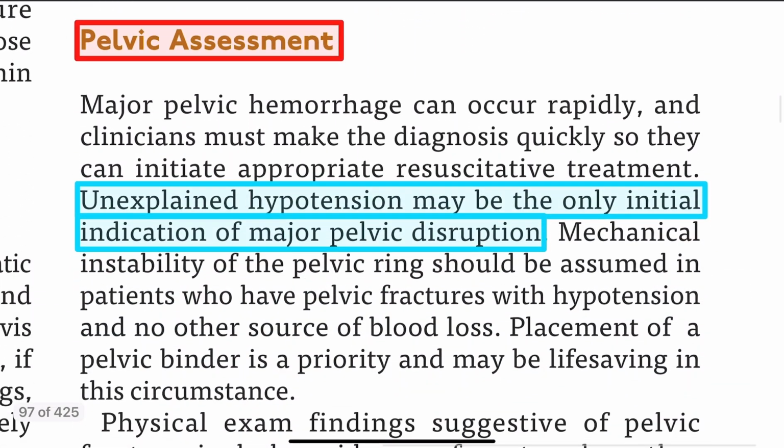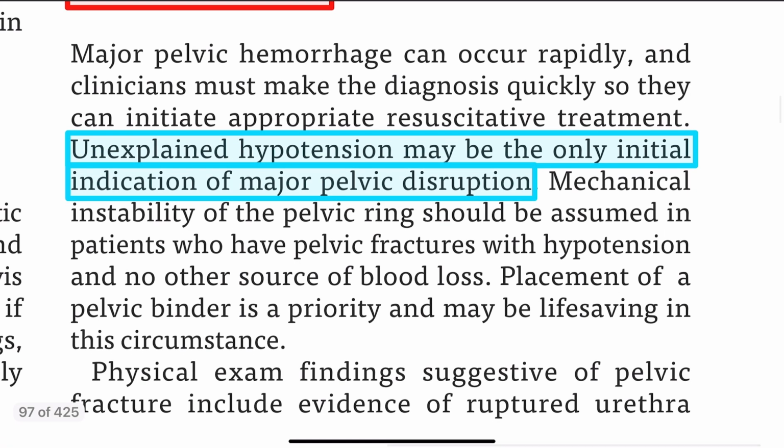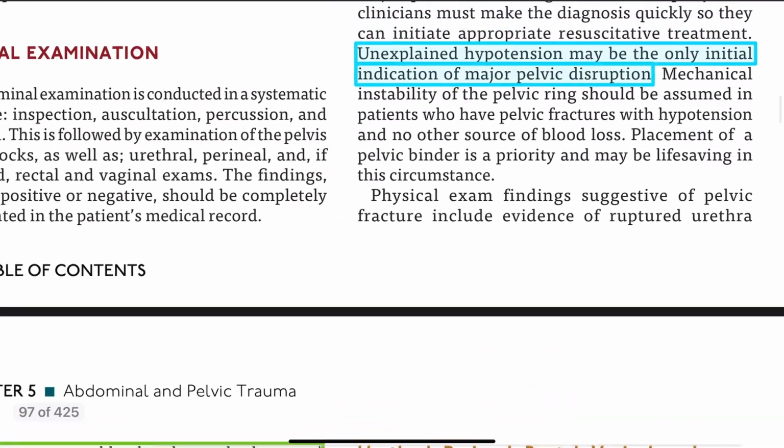Now come to the pelvic assessment. Unexplained hypotension may be the only initial indication of major pelvic disruption. Remember, it's unexplained, meaning the patient presents with hypotension but you are not finding the cause. So there may be pelvic disruption.